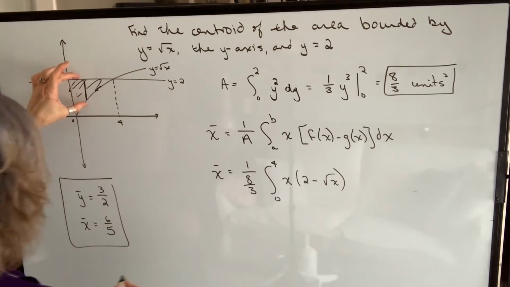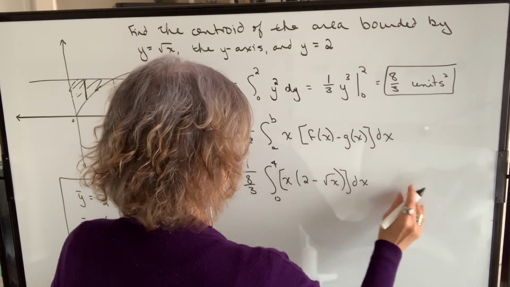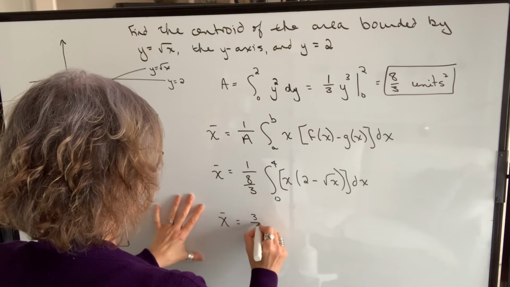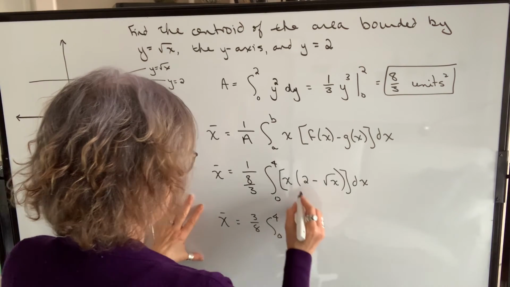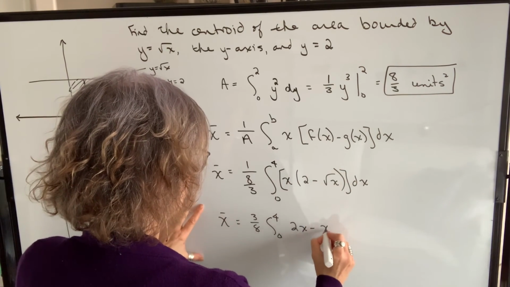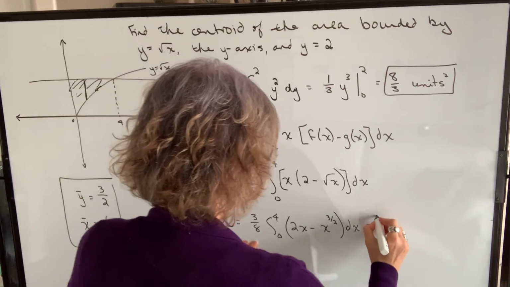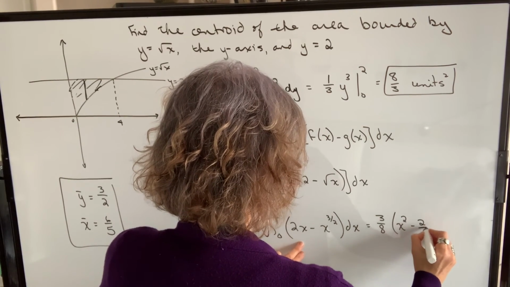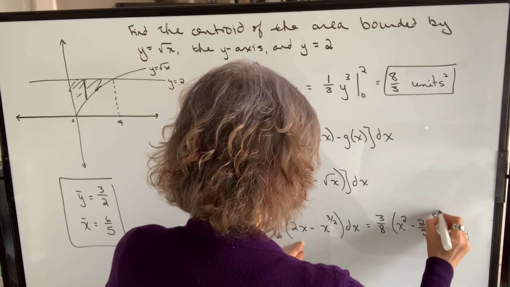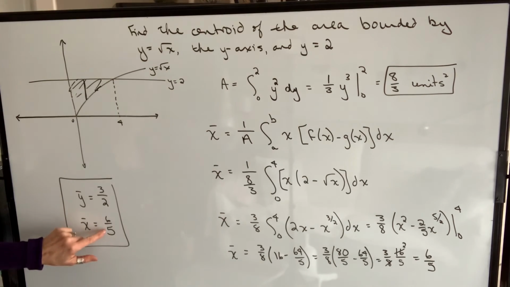So the length of this rectangle will be 2 minus root x dx. We'll simplify, so that will be 3/8. When I multiply, that will be 2x minus x times square root of x, which is x to the 3/2, dx. And now we can integrate it. So that will be x squared minus 2/5 x to the 5/2, and we get 6/5, which we obtained using horizontal rectangles.